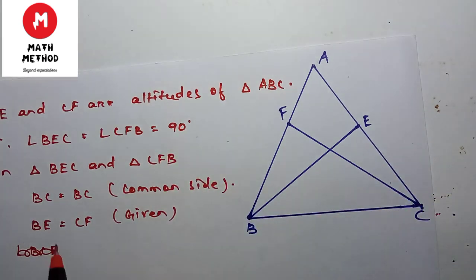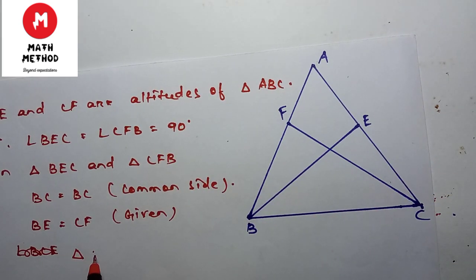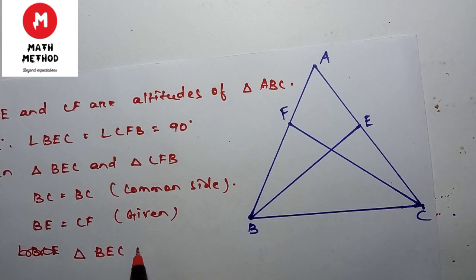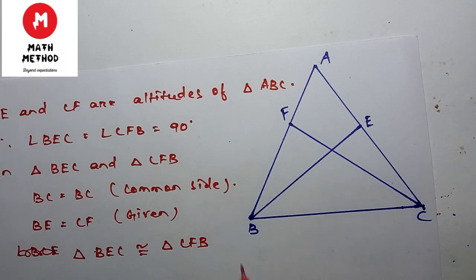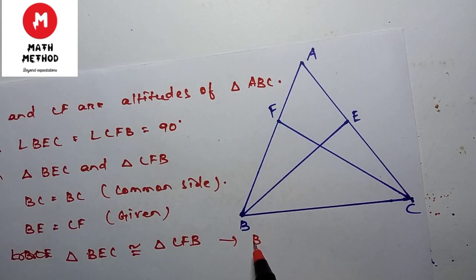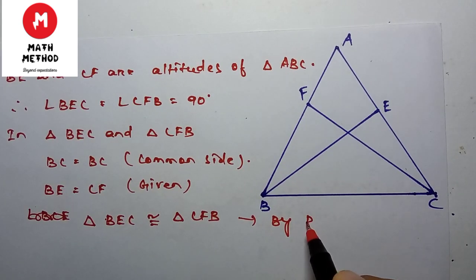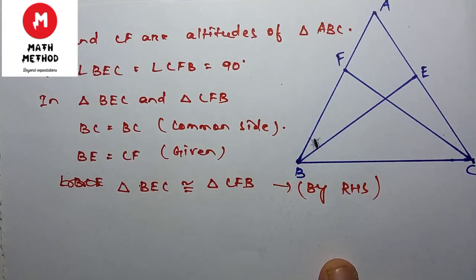Therefore by RHS, triangle BEC is congruent with triangle CFB. Clear? So this is by RHS rule, RHS criterion. Clear? So triangle BEC is congruent to triangle CFB.